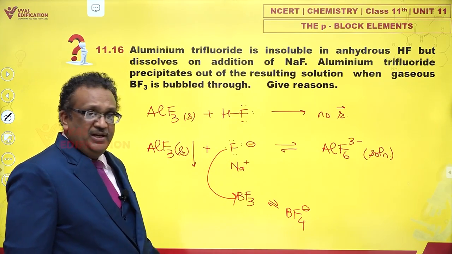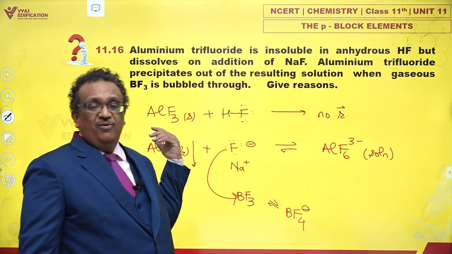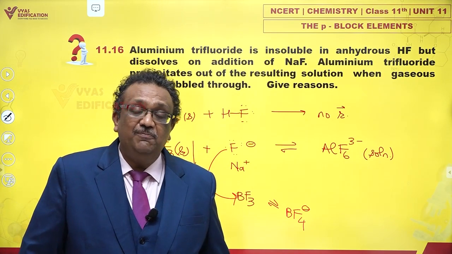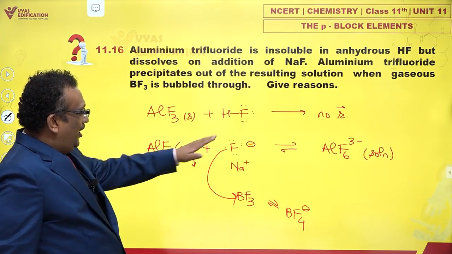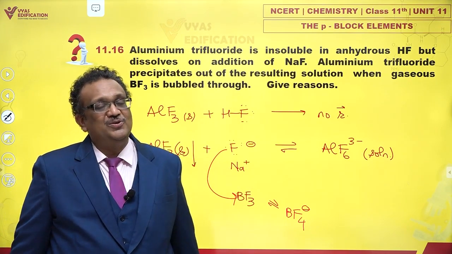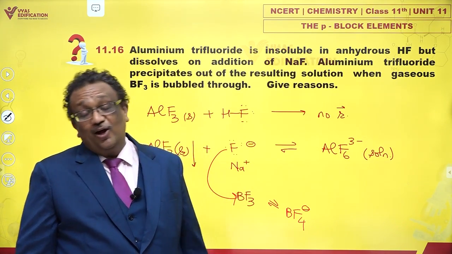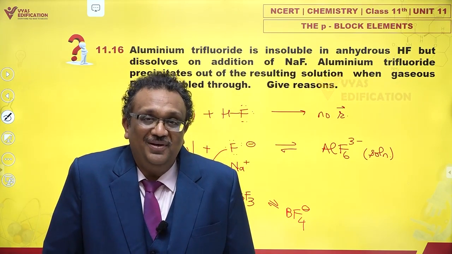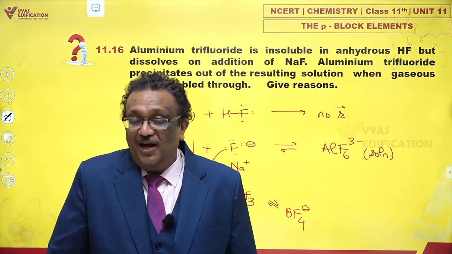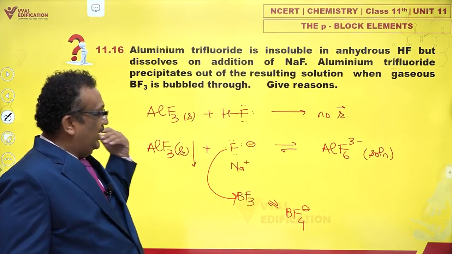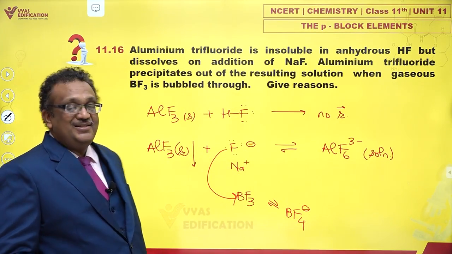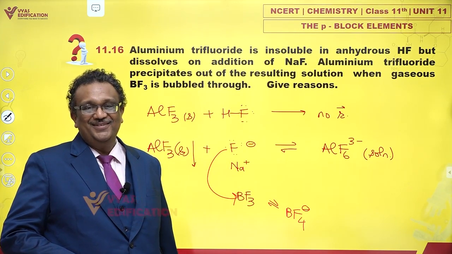If it takes away F minus, the equilibrium shifts backwards as per Le Chatelier's principle, and AlF3 gets precipitated. That, my dears, is the reason why F minus pushes it this side and adding BF3 pushes it back. Beautiful question.